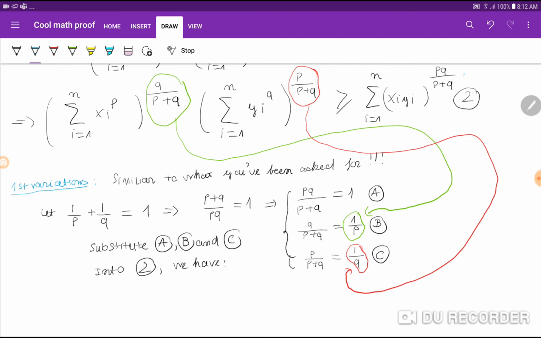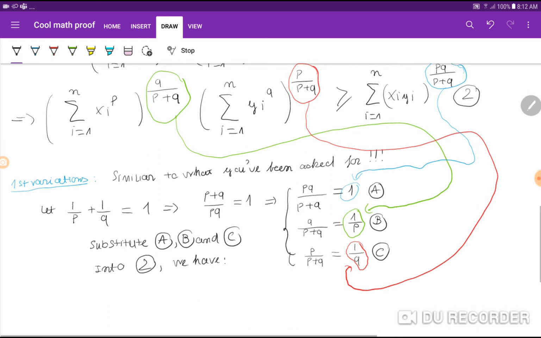Oh, I have blue, beautiful. Have to be different colors, right? So you just need to rewrite them, and it simplifies a lot.